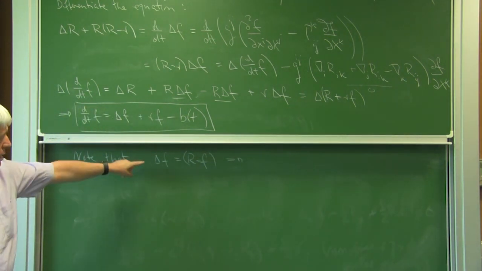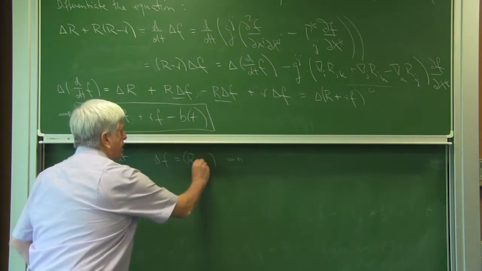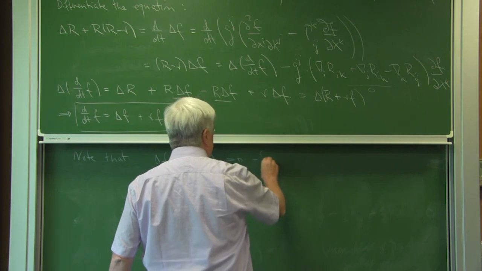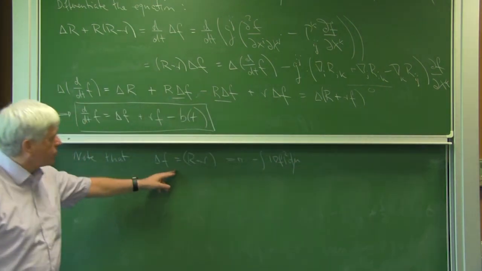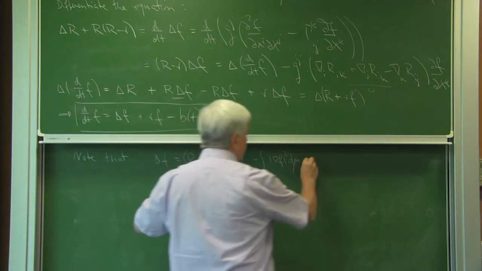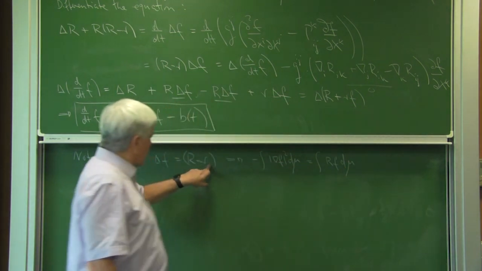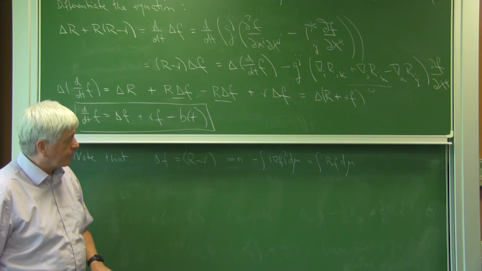Then on the left hand side you get minus integral gradient f squared. And on the right hand side you get integral of capital R times f d mu, because little r times integral f is 0, because r is a constant.